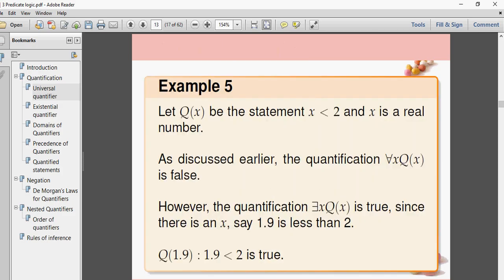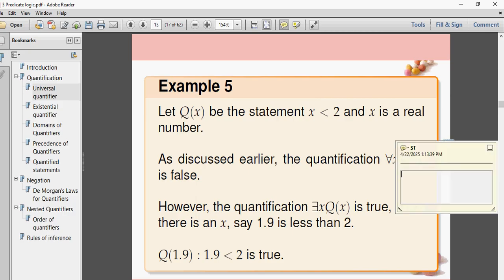For example, let Q(x) be the statement x smaller than 2, and x is a real number. So here we need to see if it's correct or false. We have x smaller than 2.